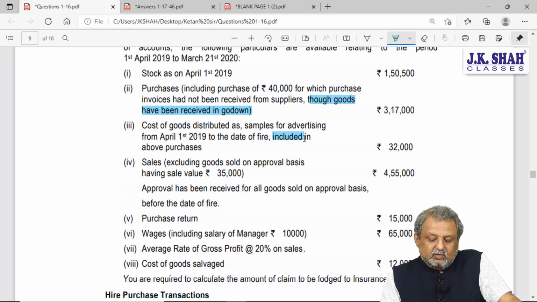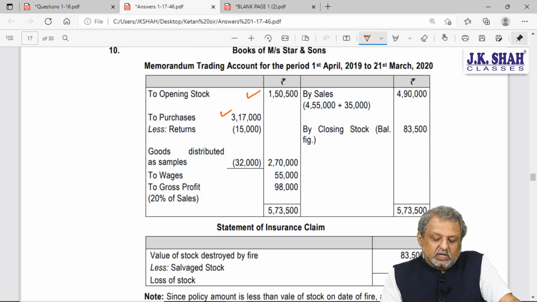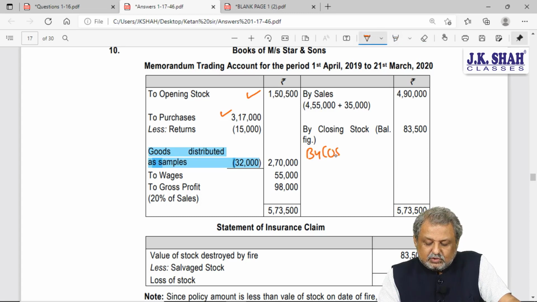So either you deduct it from this, or you show it on the opposite side. It is one and the same. You can show it here also as cost of goods distributed as free samples. Don't do both. Both are correct.